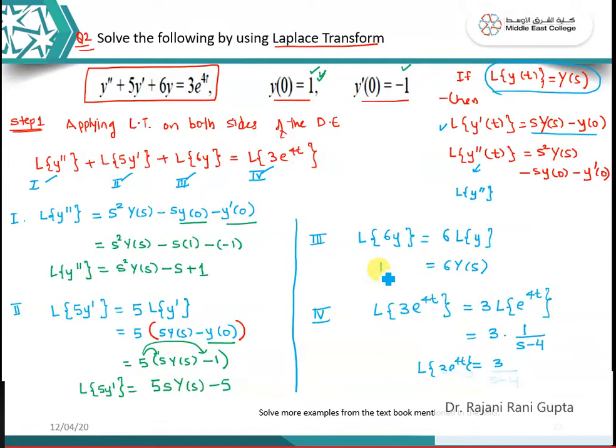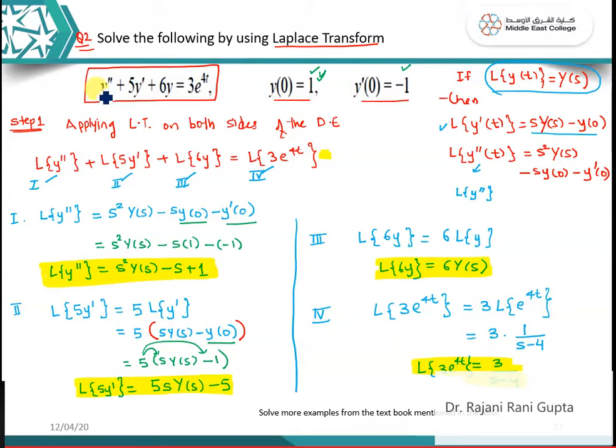And here we have the Laplace of 6y. Now substituting these four values, the value of Laplace of y double dash, Laplace of 5y dash, Laplace of 6y, and Laplace of 3 e power 4t, in this equation.